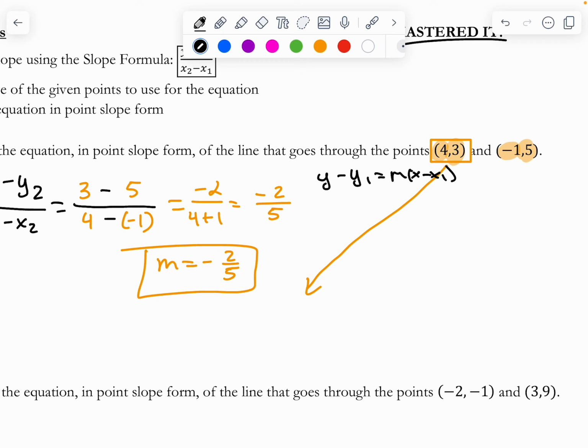Okay? So let's go ahead. I have a positive 3 on my y, so I should have a negative 3 here. This is going to equal my slope, which we've established is negative 2 over 5, right? We just got our slope and we're going to copy it in here.